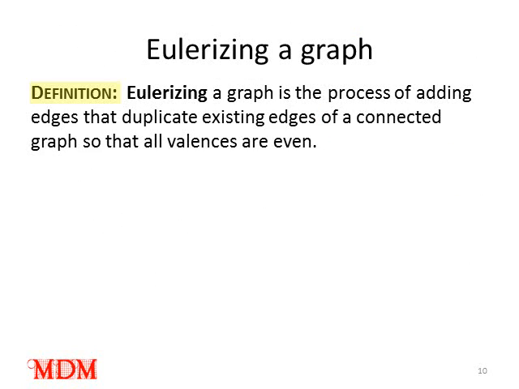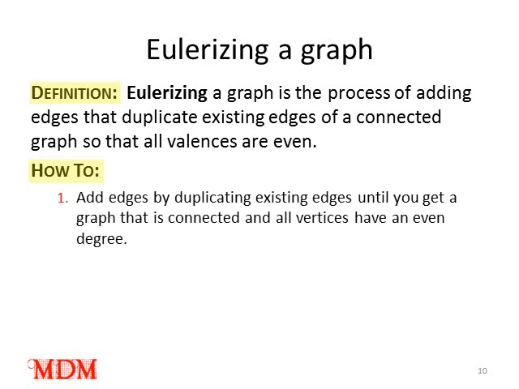We just Eulerized a graph. Eulerizing a graph is the process of adding edges that duplicate existing edges of a connected graph so that all valences are even. So let's look at how to do that.